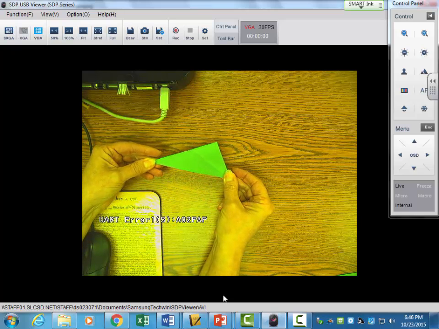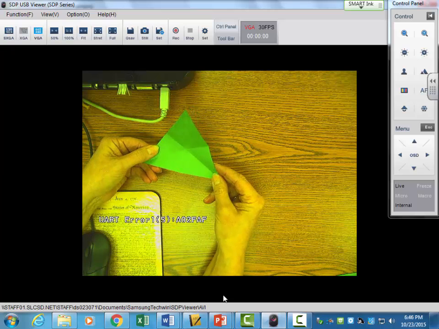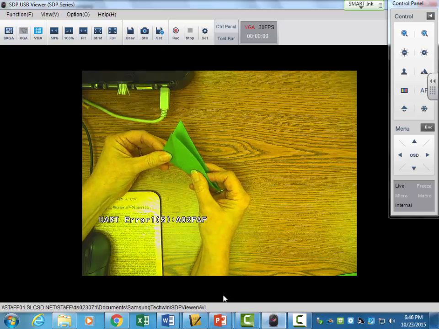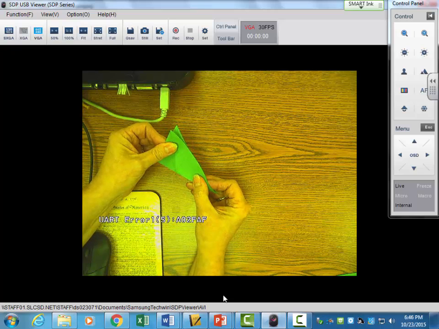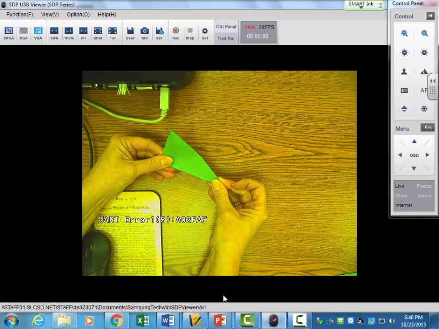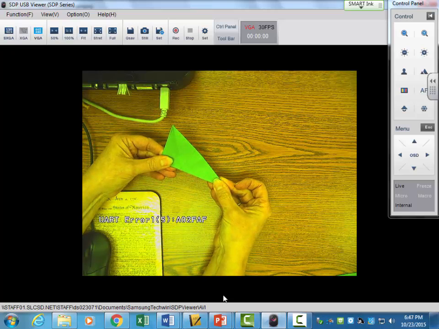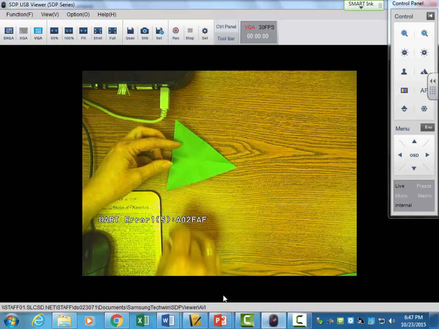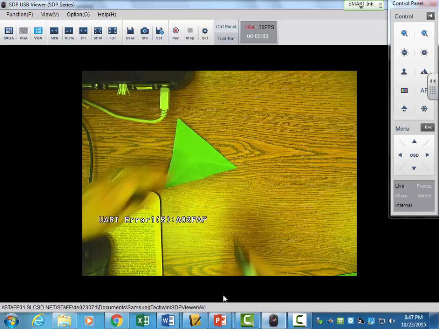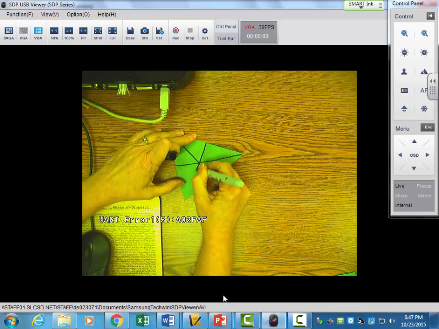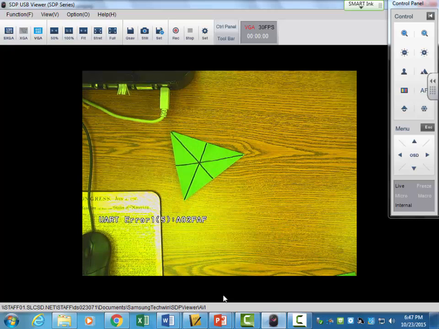There's another line of symmetry, okay? And the last way I'm going to do it is I'm going to fold it up, okay? And again, as you can see, line of symmetry. So we would say, in this case, that the triangle has 1, 2, and 3 lines of symmetry.